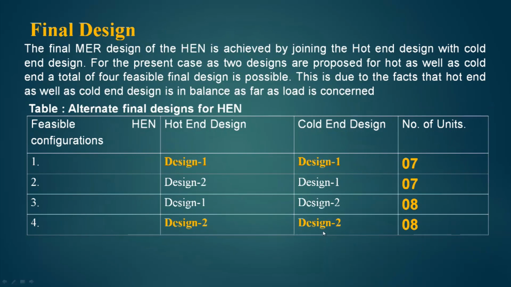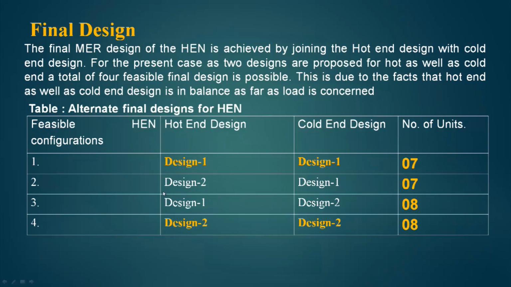If I take this, I find that the number of units when I take hot end design 1 and cold end design 1 is 7. Similarly, when I take hot end design 2 and cold end design 1, it is also 7.